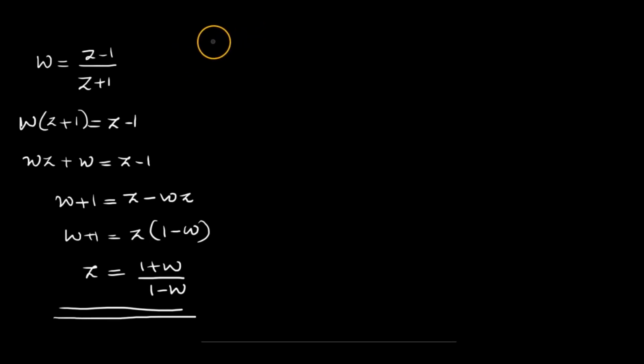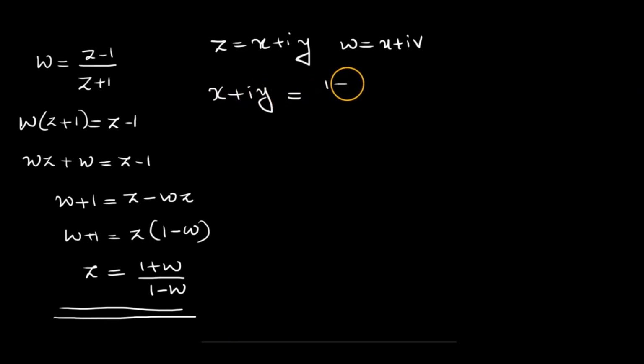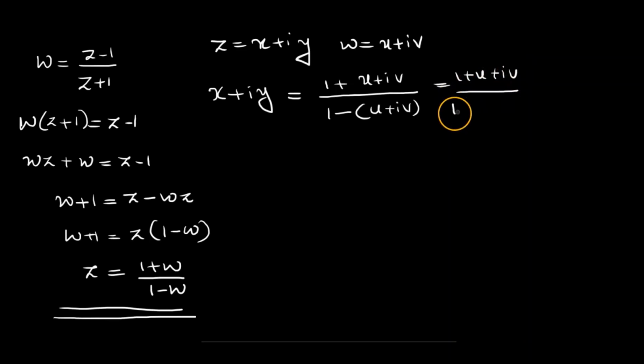So, now we put Z equal to X plus iY and W equal to U plus iV, so that we can show that this is a circle. So, X plus iY equal to (1 plus U plus iV) divided by (1 minus U minus iV).